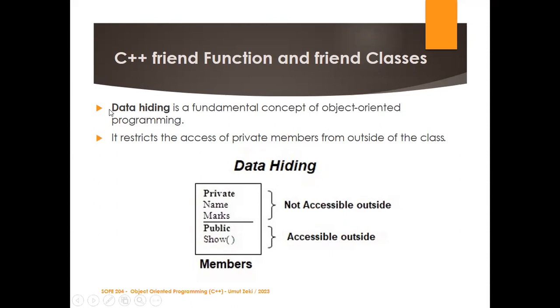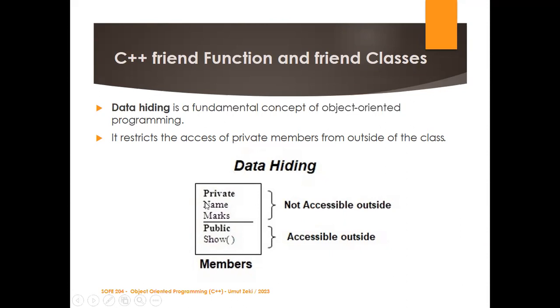We discussed before that data hiding is a fundamental concept of object-oriented programming, and it restricts the access of private members from outside of the class. So we are saying that it is data hiding.